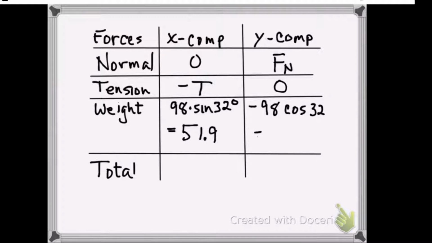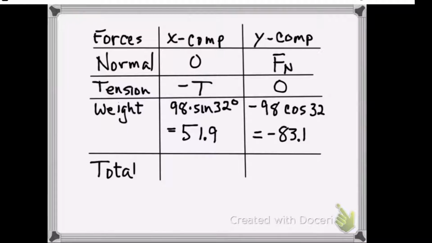And so we'll multiply that up. First, we're going to get the cosine of 32, and then we'll multiply that by 98. And we get negative 83.1. Okay, so that's what we have so far.